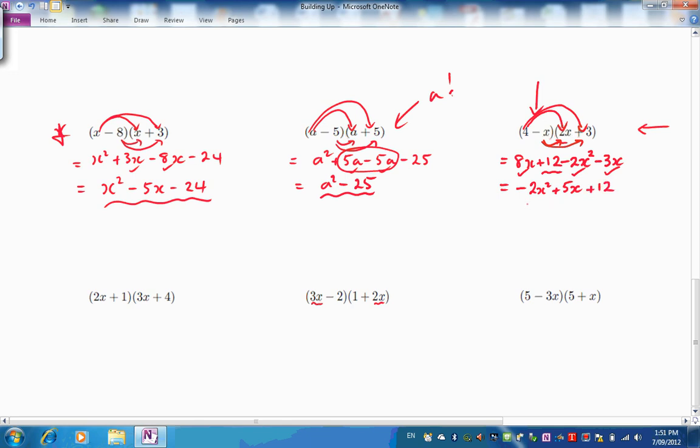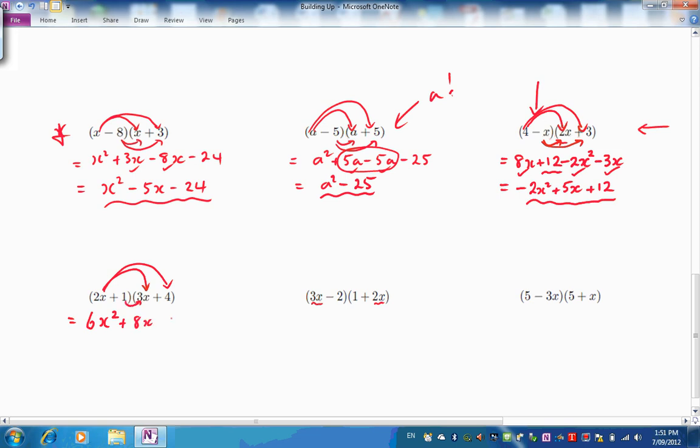So we always write it in the same format, if you like, the x squared term, the x term and the number. Let's go down to this next one down here. This is a little bit different. There's a 2x times a 3x. 2 times 3 is 6. X by x, the number times itself, is a square. Then 2x by 4. 4 lots of 2x is 8x.